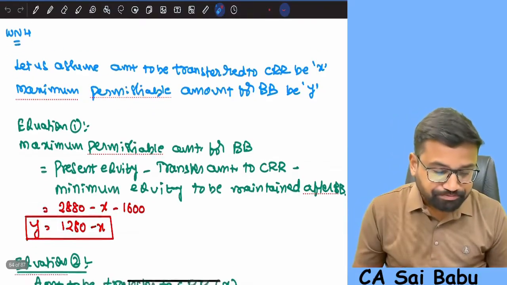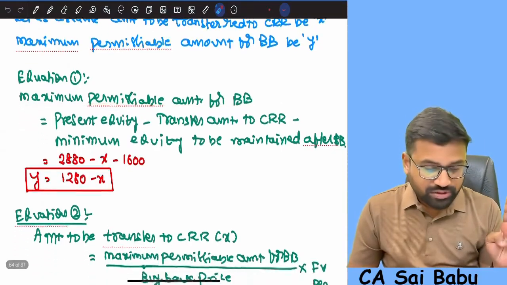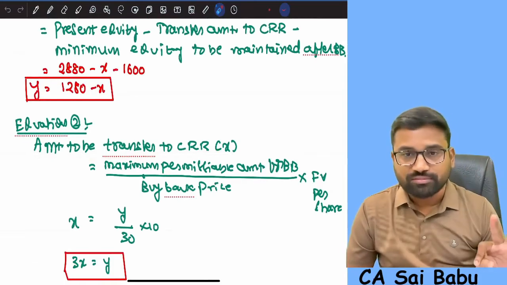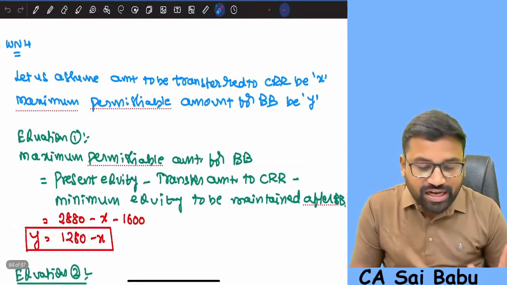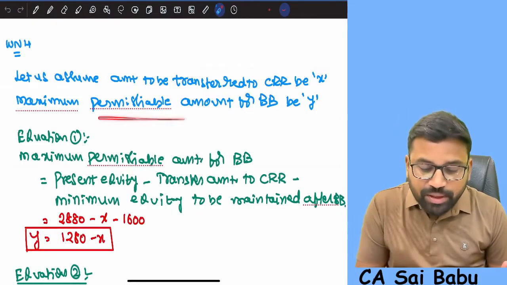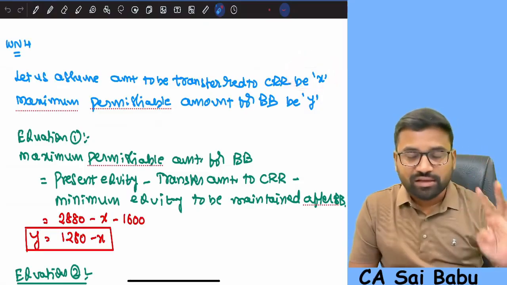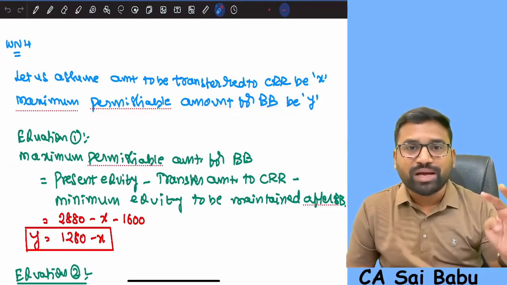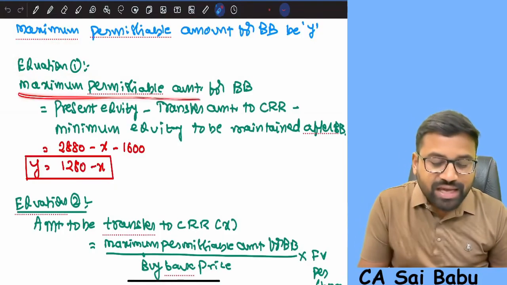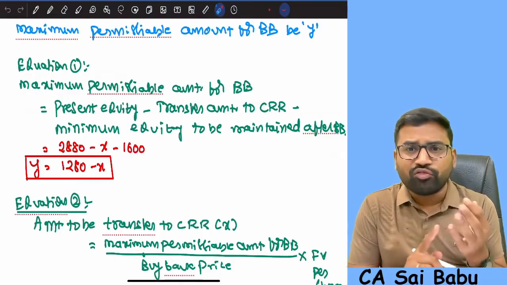First equation, what is the maximum permissible amount for buyback? This is equation number 1. Equation number 2, amount to be transferred to CRR. Now let us assume the amount to be transferred to CRR be X and the maximum permissible amount for buyback be Y. Now I am framing equation number 1, the maximum permissible amount for buyback. How do you find it?